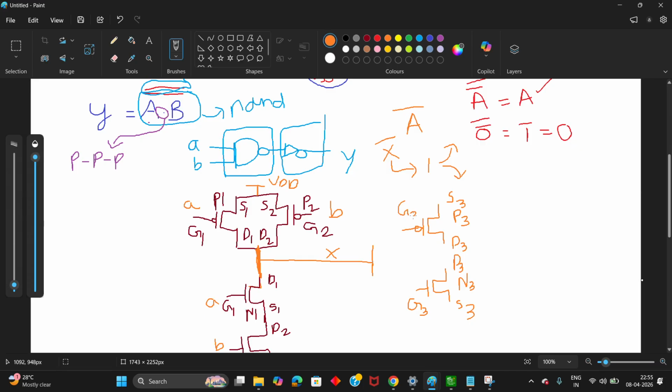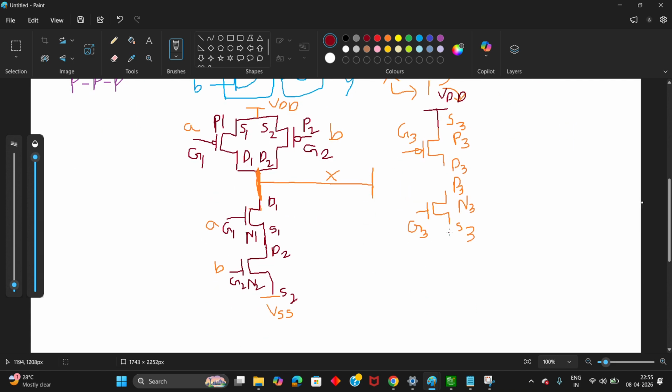Now what we need to do with the source 3 terminal of P3 is connect it to the high biasing voltage, VDD. The source 3 of N3 we connect to the low biasing voltage, that is VSS.